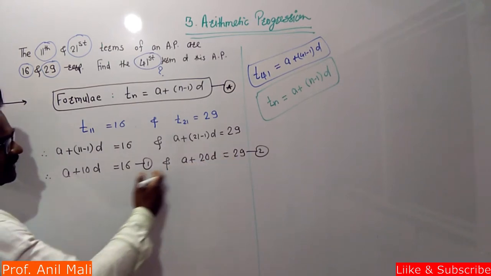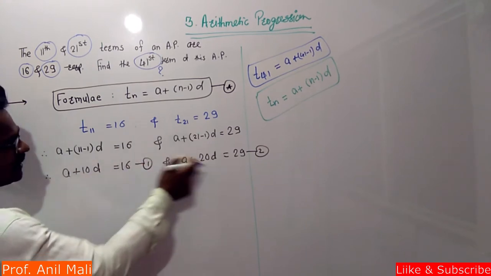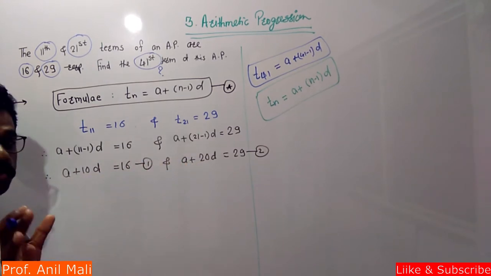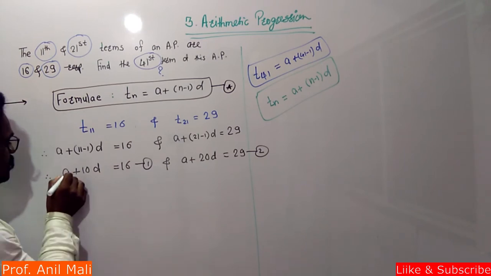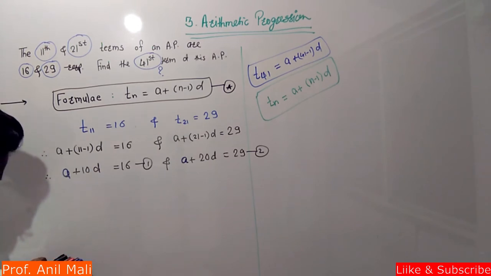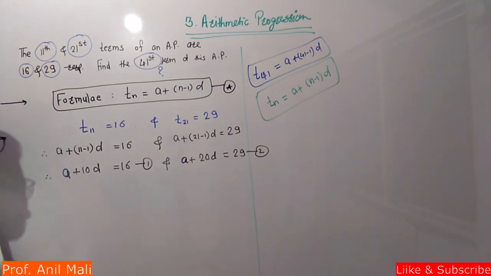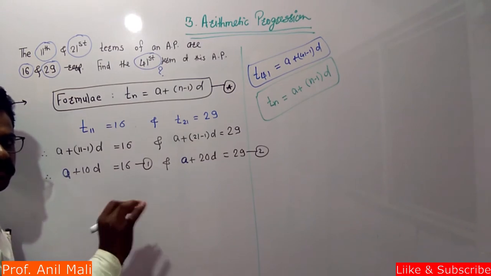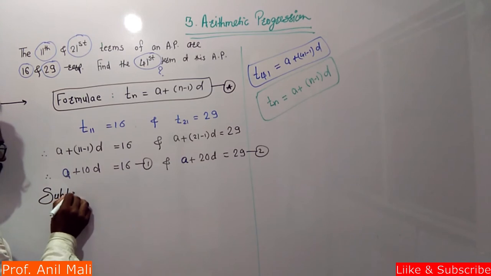Now this is a very simple simplification for equations 1 and 2. Here is a, here is a, here is d. Whose coefficient is the same in both the equations? A. So here is 1a and here is also 1a. So students, now what we will do is subtract equation 1 from equation 2.